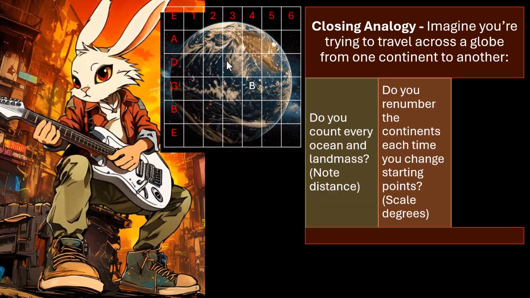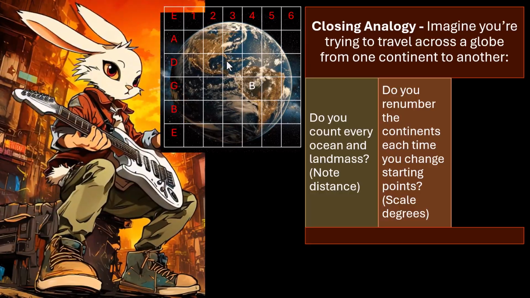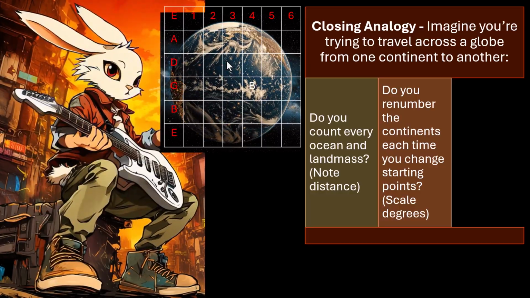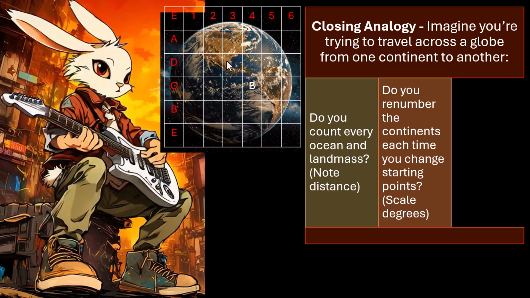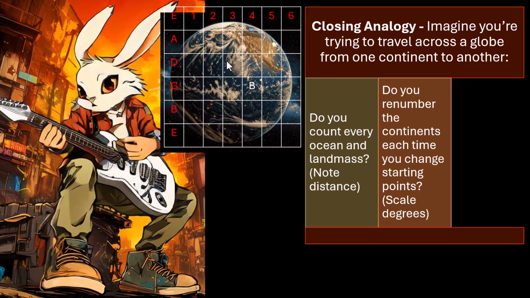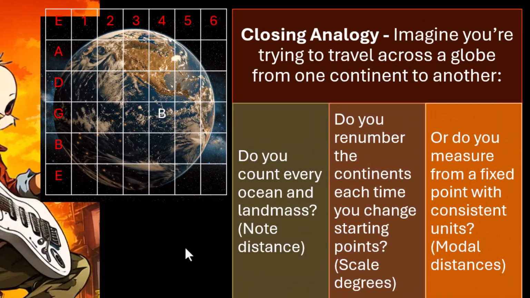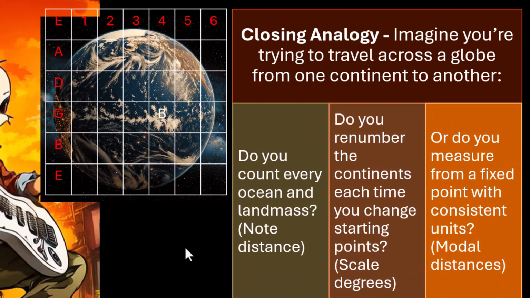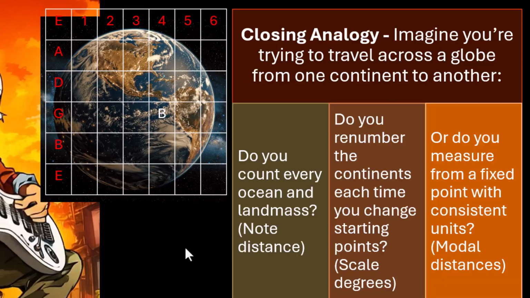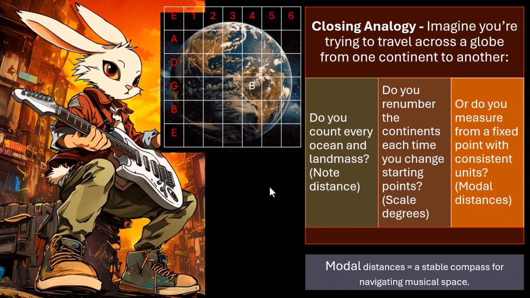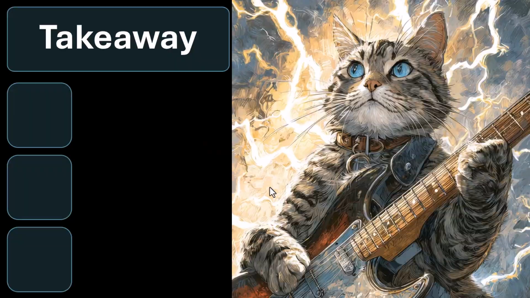I didn't change the world because I'm in Europe. Whatever the number system is, I want to keep it static so that all the continents have 1 name. And as I travel through them, I don't need a new map quest, I don't need a new naming convention. Or do you measure from a fixed point with consistent units? That's the modal distance. Modal distance equals a stable compass for navigating musical space.